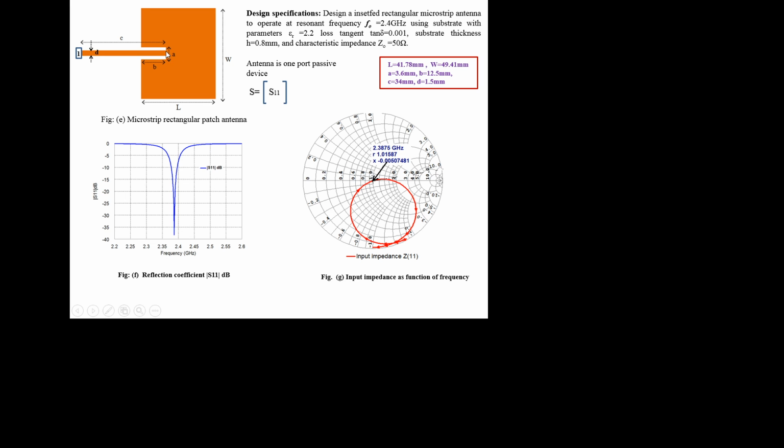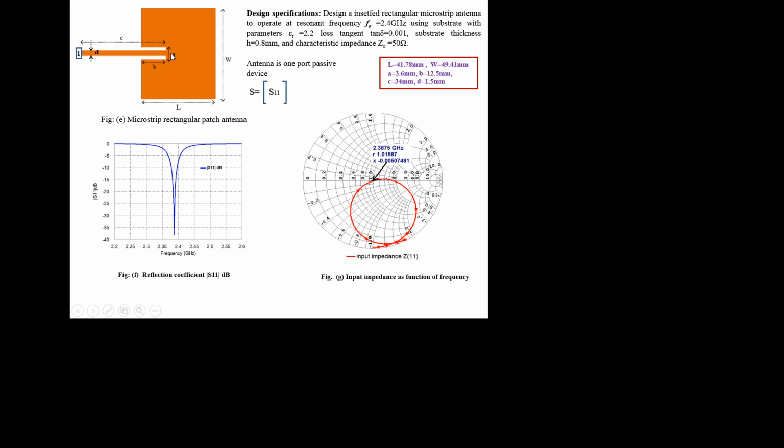But the impedance of the antenna at this edge changes as a function of frequency. At 2.4 gigahertz the impedance here is 50 ohm. So at that frequency this line is 50 ohm, this source is 50 ohm, everything is matched, and you get maximum radiation.